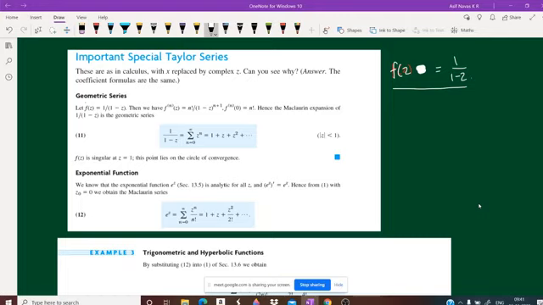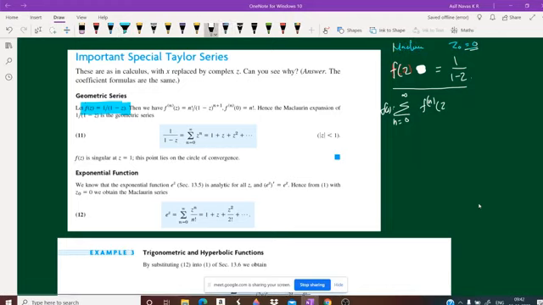So we know that the Taylor series is f of z equal to sigma n equal to 0 to infinity of the nth derivative at z naught, so we want to find out the Maclaurin series. Okay, z naught is equal to 0. For this question, f of z equal to 1 by 1 minus z, we want to find out the Maclaurin series of f of z.